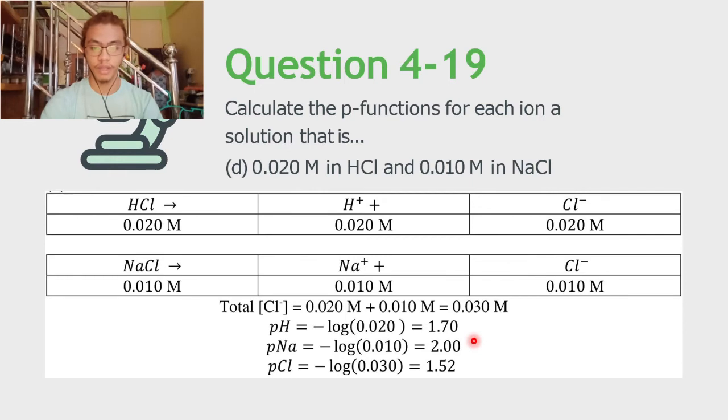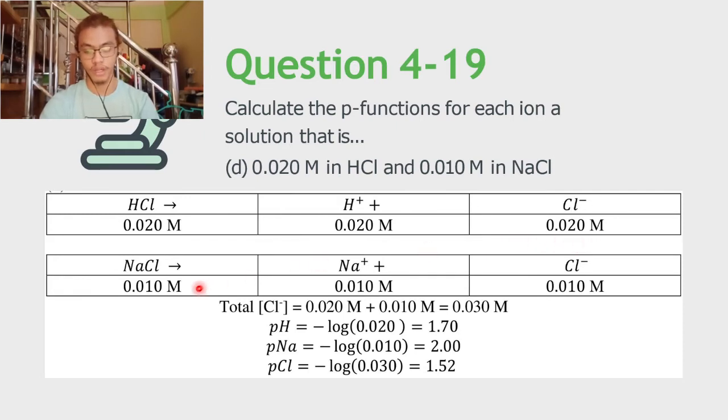For the next problem, we have two compounds in one solution, HCl and NaCl, with different concentrations. So first, I solve the concentrations of the ions in HCl. We can see that the ratio between the hydrogen ions and the chloride ions is 1:1, which is also 1:1 with the ratio of the hydrogen chloride, which means all of them have the same concentration of 0.020 molar.